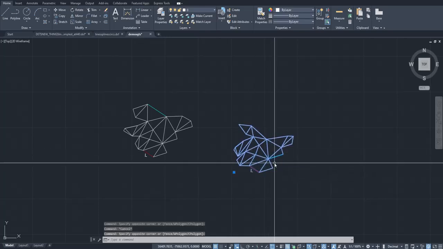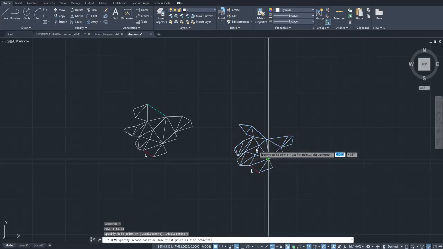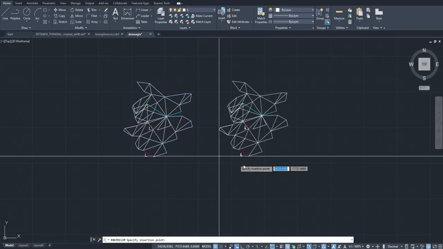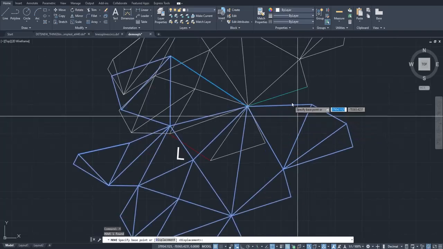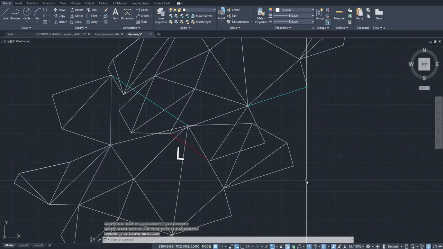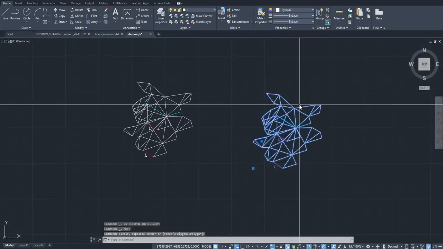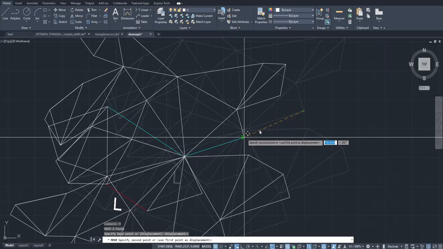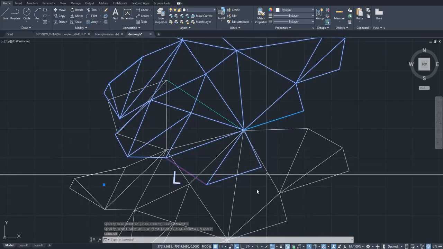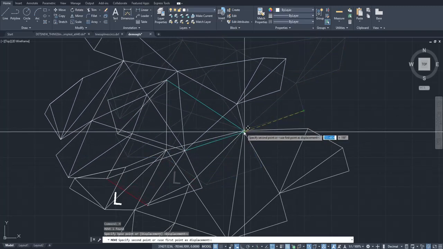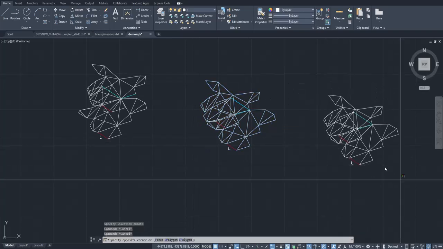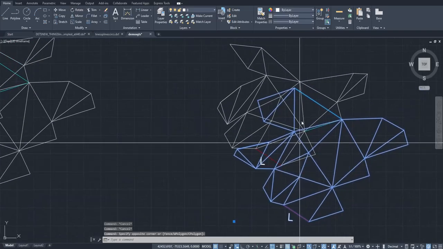Now if we try to place the addition symbol here, then the end to end is like this, or we can get the end to end like this, or like this.